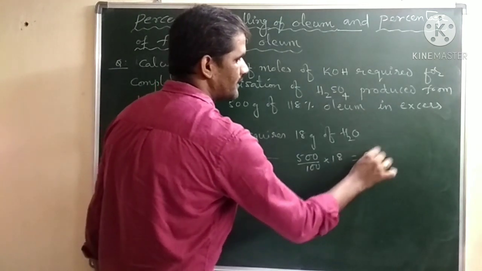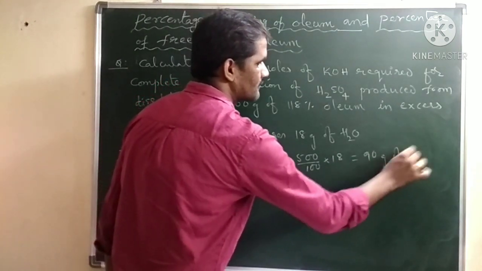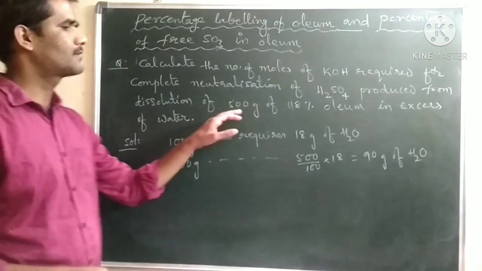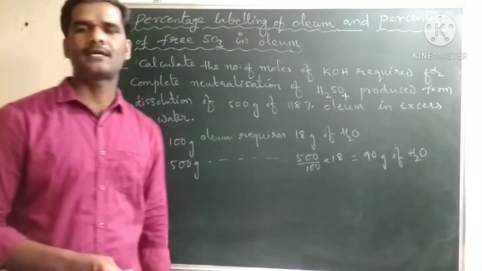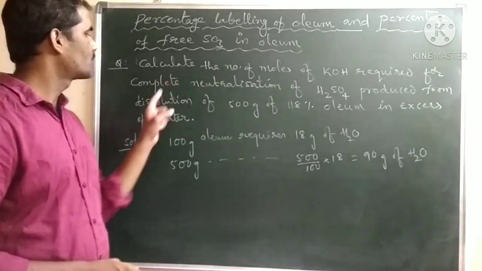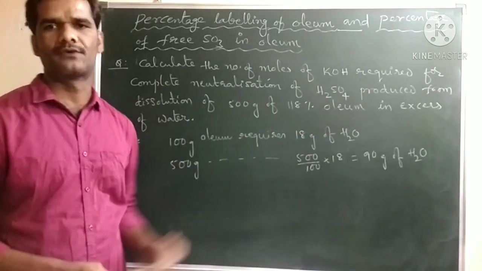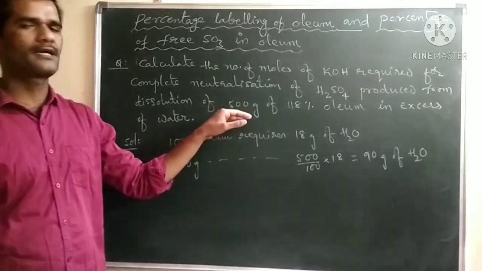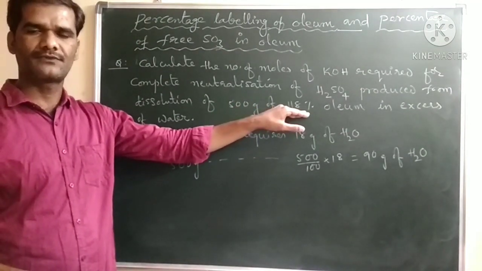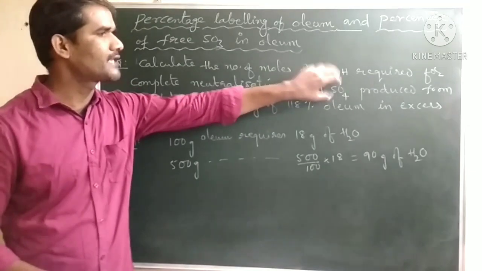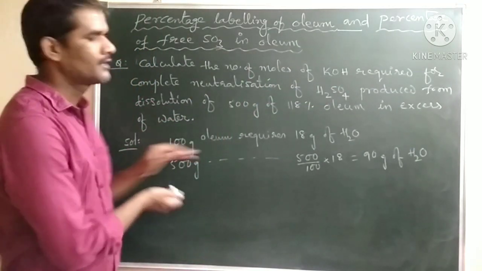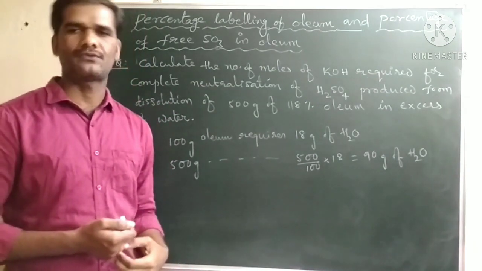That is 90 grams of water. So for 500 grams of oleum, we have to add 90 grams of water to produce H2SO4, which is produced from dissolution of 500 grams of 118% oleum, as they given.